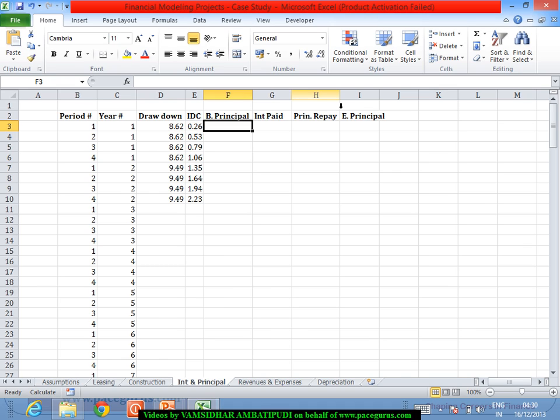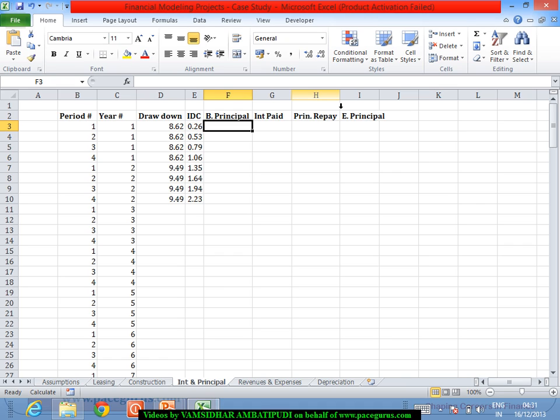So how do I bring about that? Wherever I need to identify, first of all, that particular year from where the repayments will start, or from where the outstanding repayment will actually start, or even the interest payment will start. After the drawdown period, this is where the repayment will actually start, right?